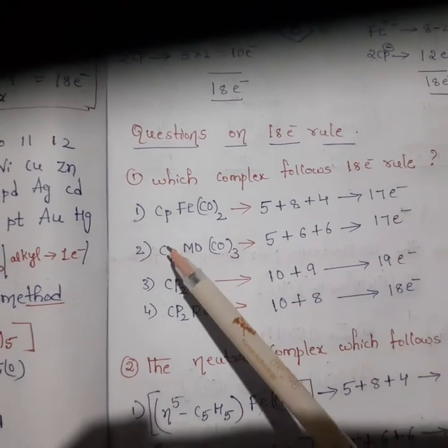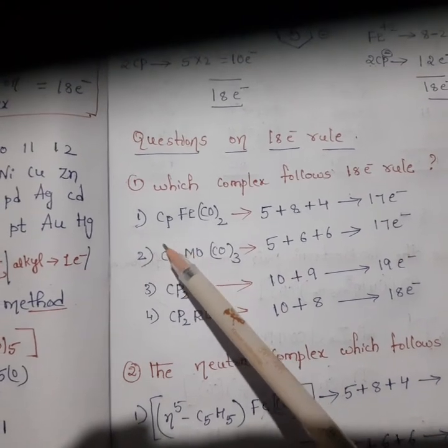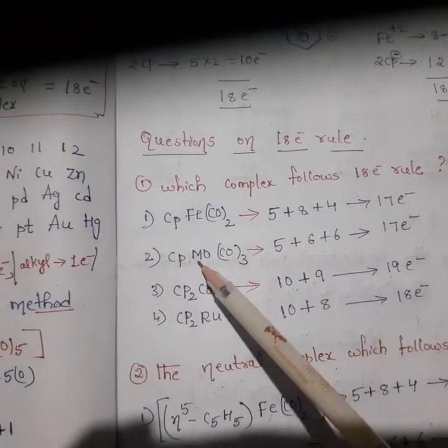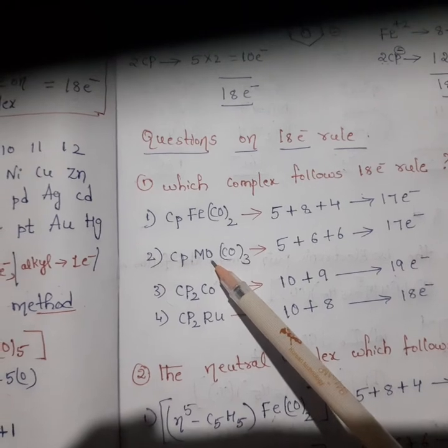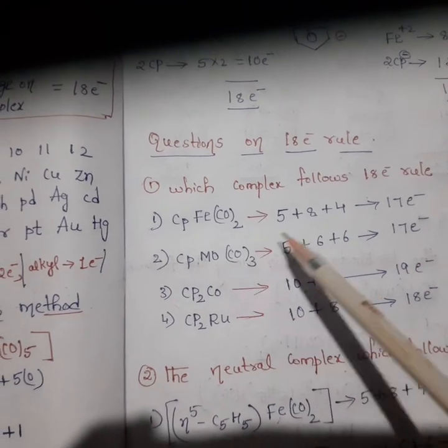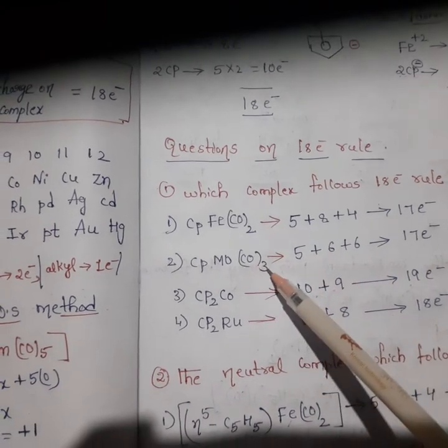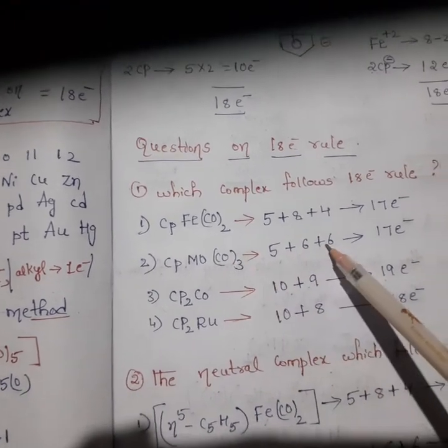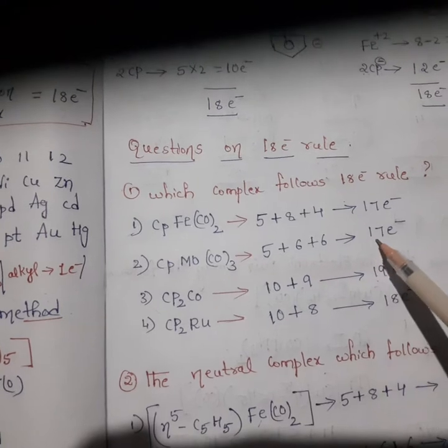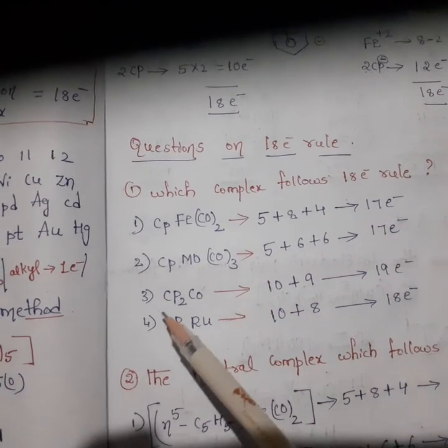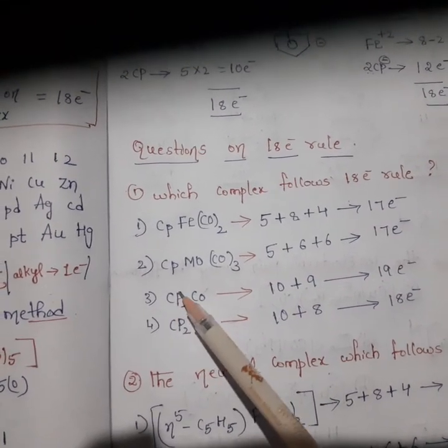Next, Cp, already I said Cp means 5 electrons. Molybdenum, we know that the valence electrons present in the molybdenum is 6. 1 carbonyl means 2 electrons. 3 carbonyls means 3 into 2, 6 electrons. So here also we will get the same 17 electrons. Next, 1 Cp means 5 electrons.